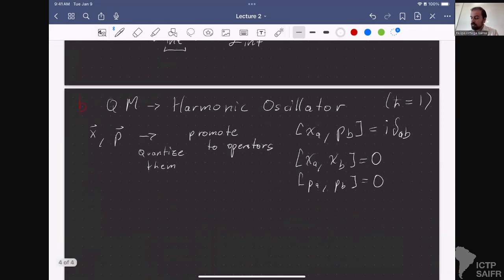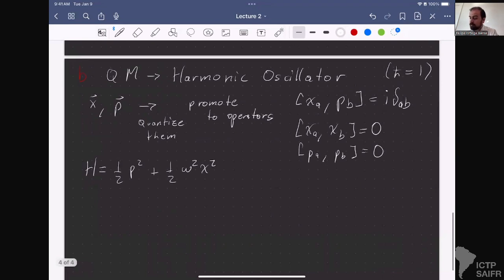So in the harmonic oscillator, the Hamiltonian is given by the momentum squared plus a potential that is squared in the position, right? And if we make this quantum, that just means promoting everything to an operator in a Hilbert space.